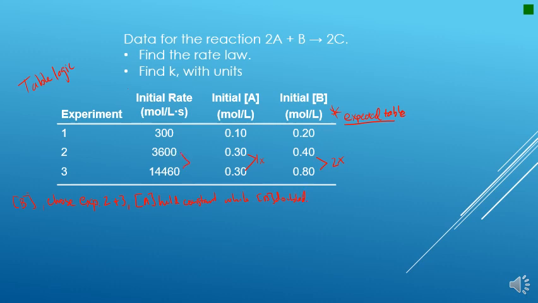Our reaction rate, 3600 to 14,460, this one is going to represent a 4-fold increase. So for this one, we have the concentration of B doubling, the reaction rate quadruples.